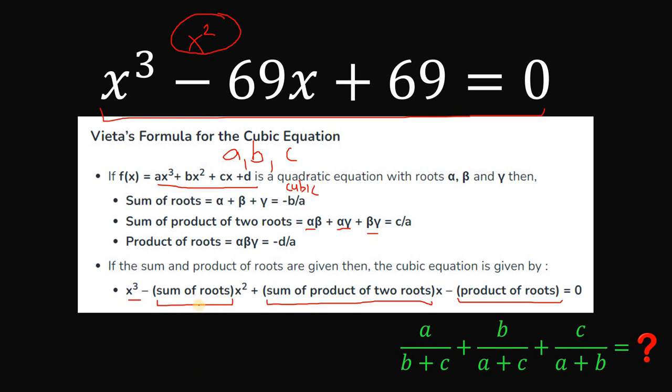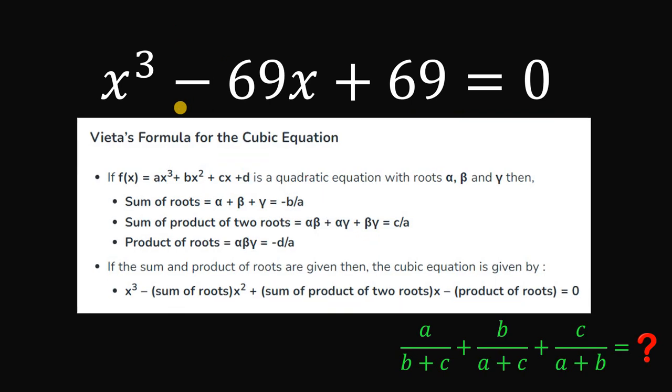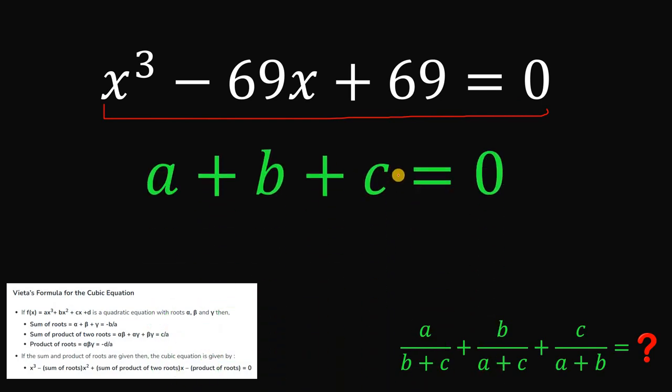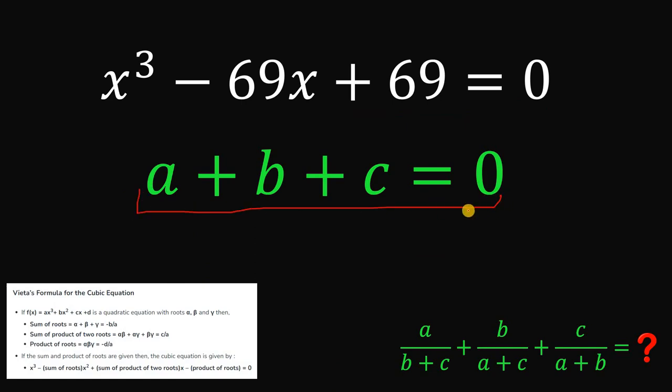The coefficient of x squared must be the sum of the roots of this cubic equation. Now this is very important. We know that the sum of the roots of this cubic equation must be equal to 0, so we can say that a plus b plus c must be equal to 0. Now, this is all we need to answer this question.